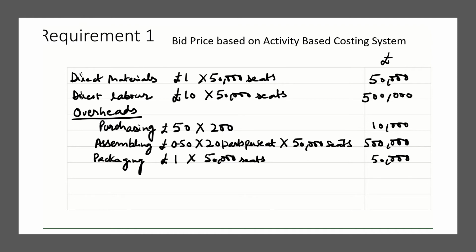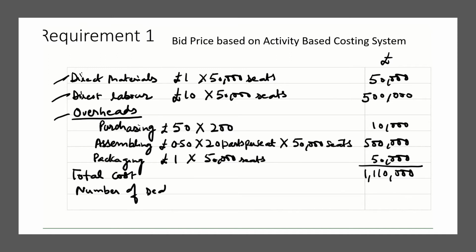Okay, so what we are left with is to find out the total cost: direct material, direct labor, overheads, total cost. That comes to 1,110,000. So we are just going to divide by the number of units, in this case the number of seats, which are 50,000.